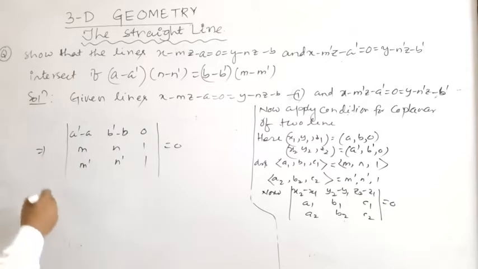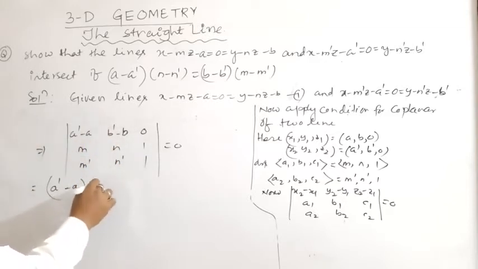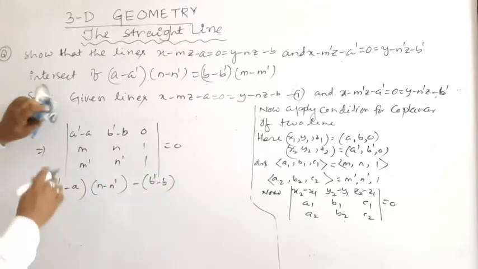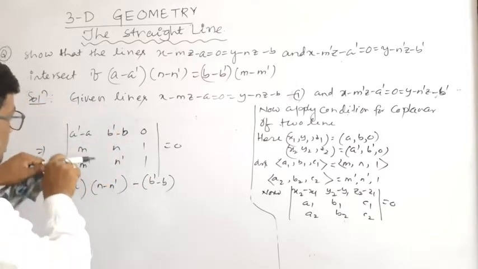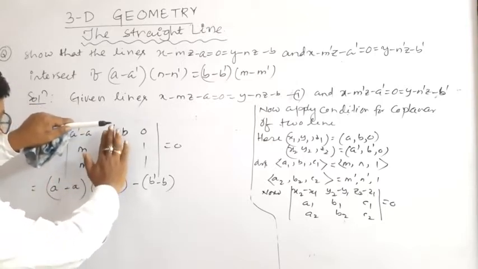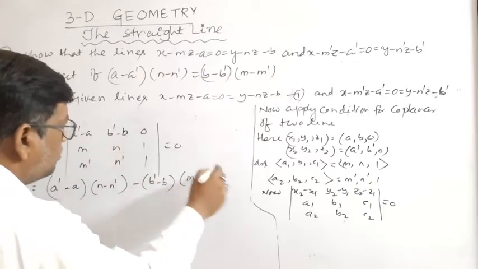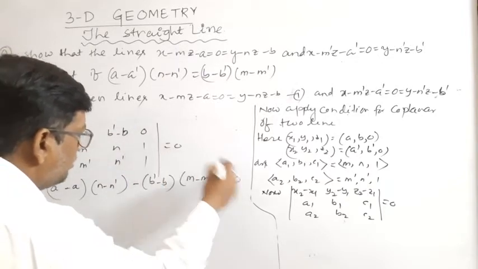So, this is equal to a dash minus a into, this cancel, n minus n dash, minus of b dash minus b into, this cancel, m minus m dash. This is n minus n dash, and this is m minus m dash, and this is 0, so no need to write here 0.